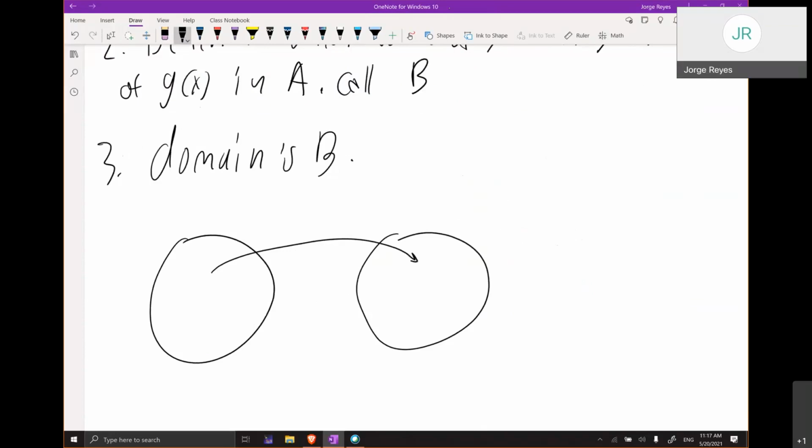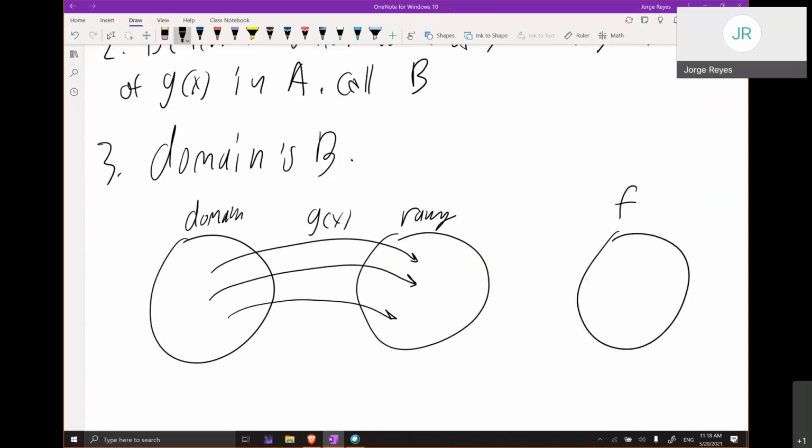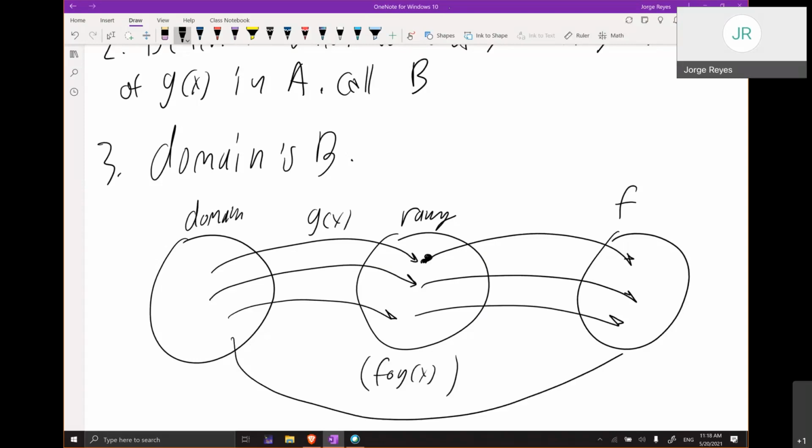So here I have a domain, and here I have a range, right? And here's my function g of x, and it's doing stuff. Now if I stick that inside of f though, f is over here, and I'm taking stuff in the range of g and putting it in f. So f of g is technically going from the domain of g to the range of f.